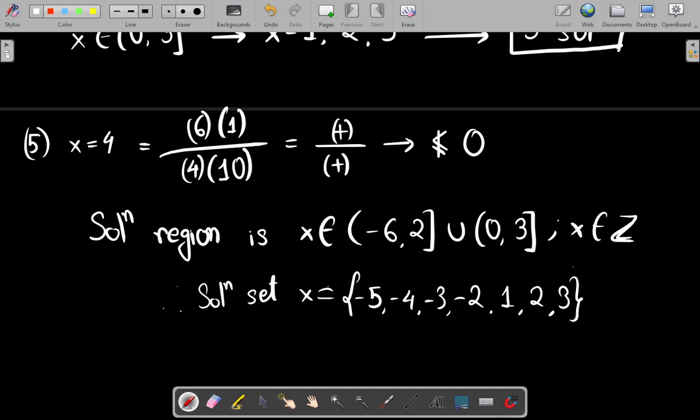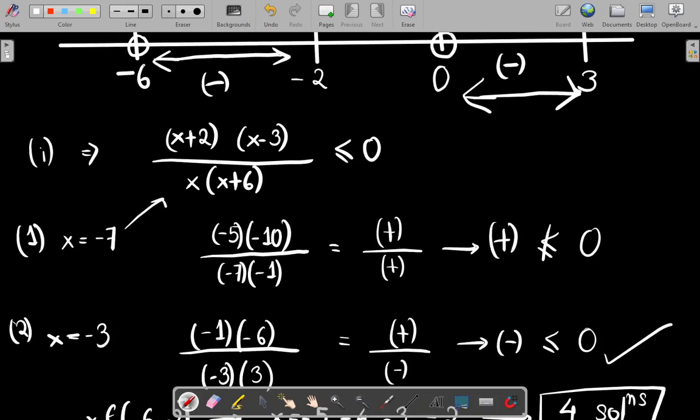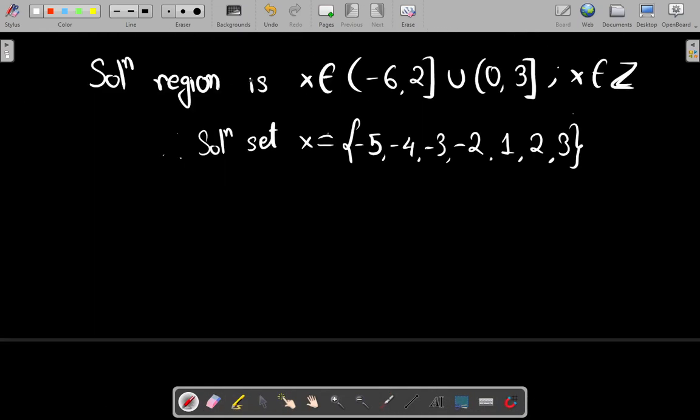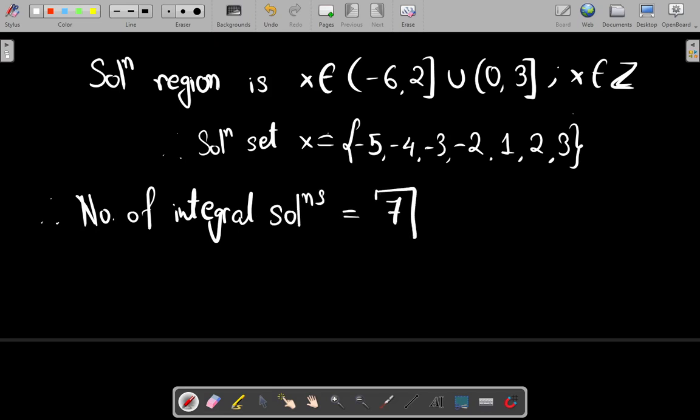This is the solution set which satisfies this inequality. And we have to find the total number of integral solutions. So therefore the solution set is this, and the number of integral solutions is equal to 7. So this is the final answer.